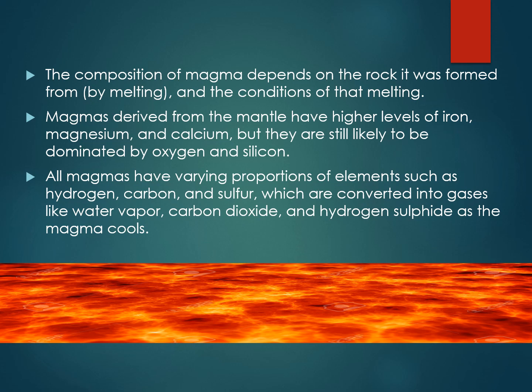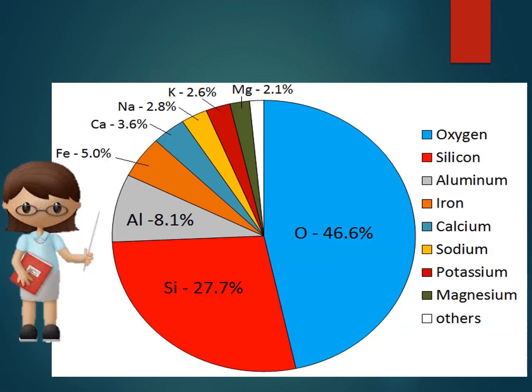All magmas have varying proportions of elements such as hydrogen, carbon, and sulfur, which are converted into gases like water vapor, carbon dioxide, and hydrogen sulfide as the magma cools. This pie chart shows the composition of magma.